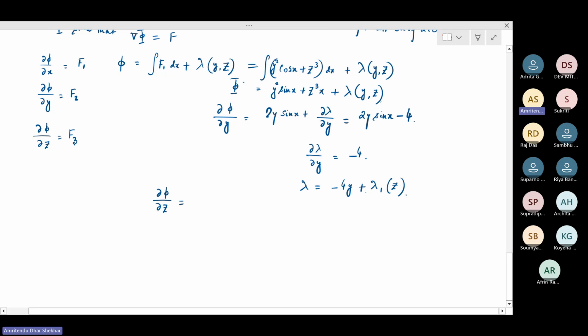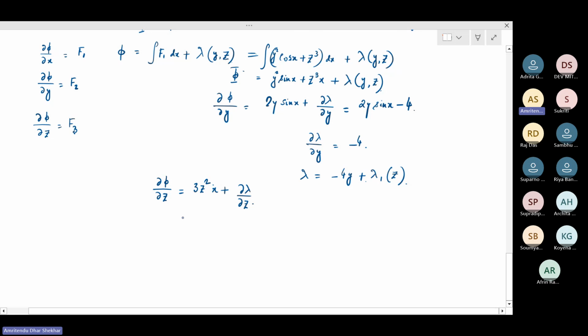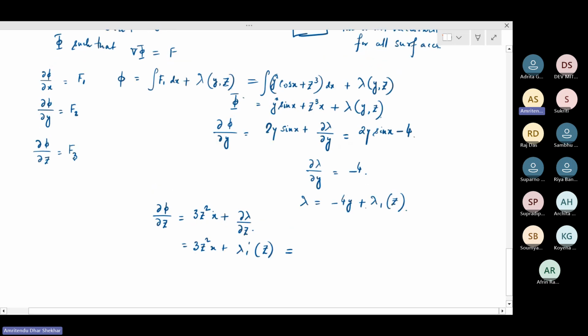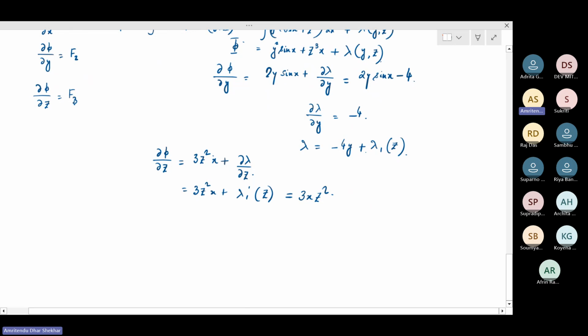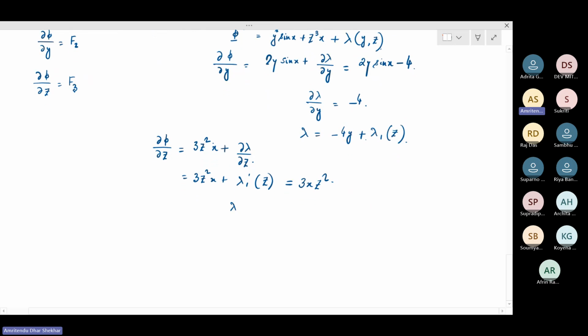Del phi upon del z is equal to 3z squared x plus del lambda upon del z, which is 3z squared x plus lambda 1 dash of z. This you have to equate with f3, which is equal to 3xz squared. So lambda 1 dash of z is equal to 0.